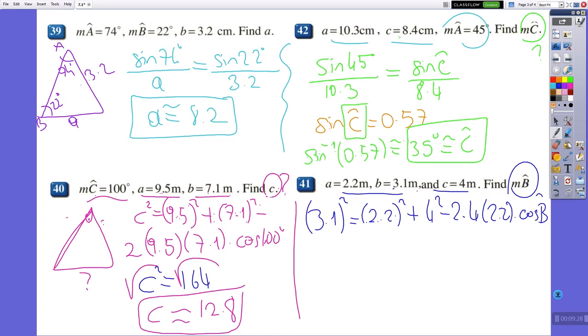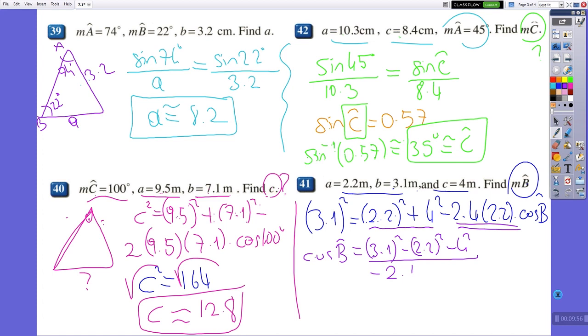So, you isolate cosine B. What is cosine B? So you move this to the other side, 3.1 squared minus 2.2 squared minus 4 squared, and in front of cosine B you have negative 2 times 4 times 2.2.